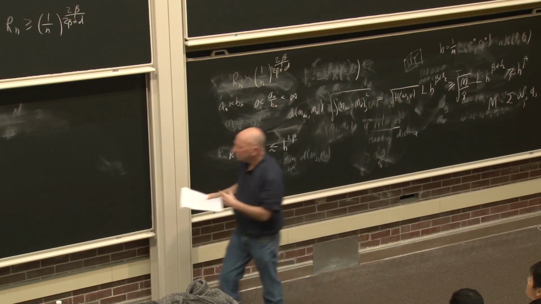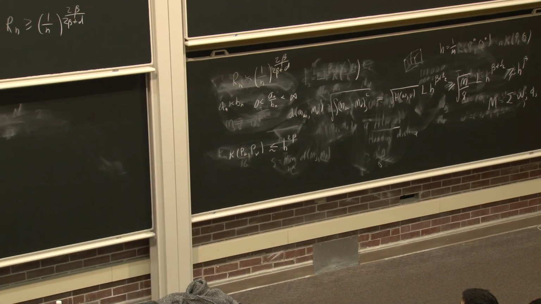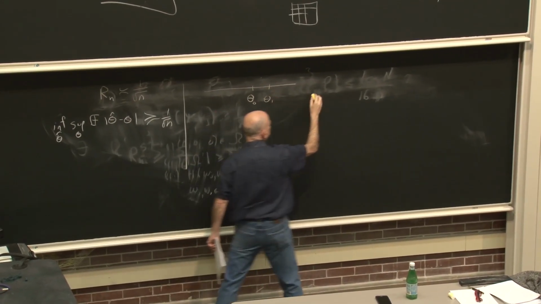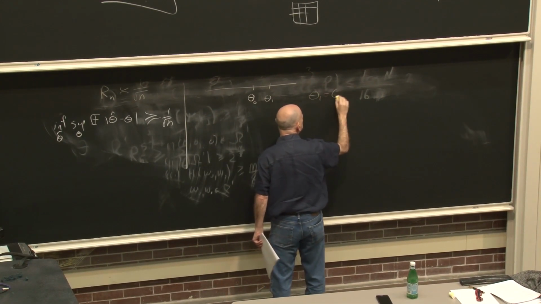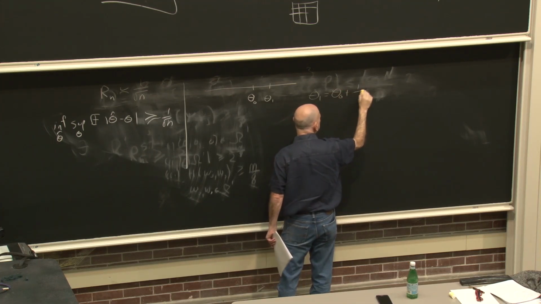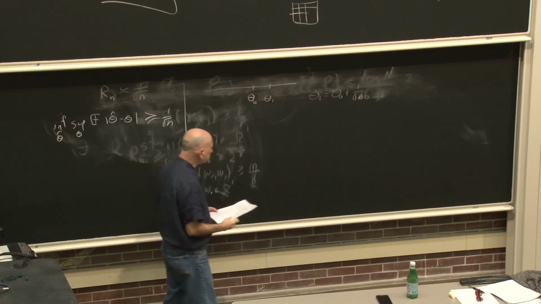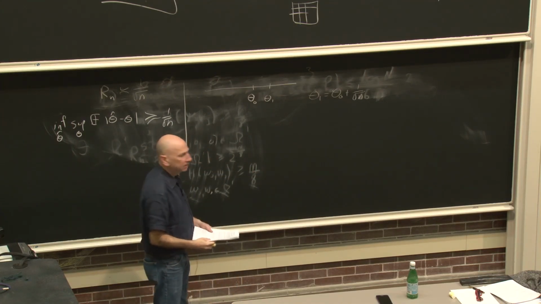But here's a quick, rough derivation of why this is true. Let's just do it on the real line. So I'll pick a point theta, and I'm going to pick another, let's call this theta 0 and theta 1. And I'm going to pick theta 1 to be equal to theta 0 plus 1 over root n. Now I'm going to use Le Cam's lemma.